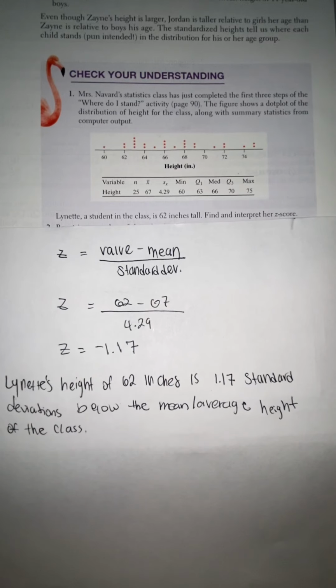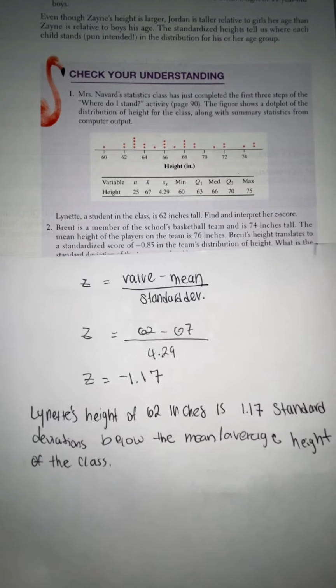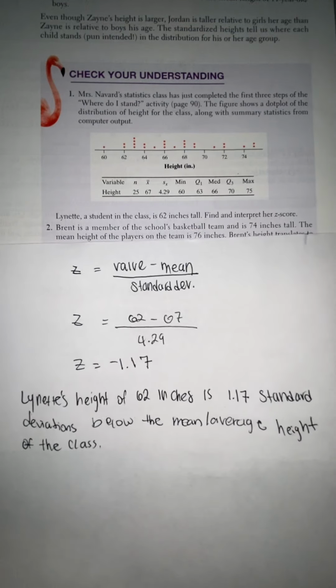So Lynette's height of 62 inches is 1.17 standard deviations below the mean, or average, height of the class. That's how the z-score can be interpreted in this case.